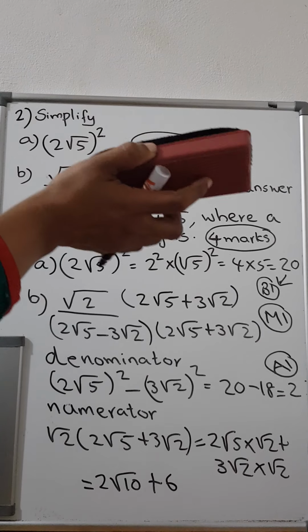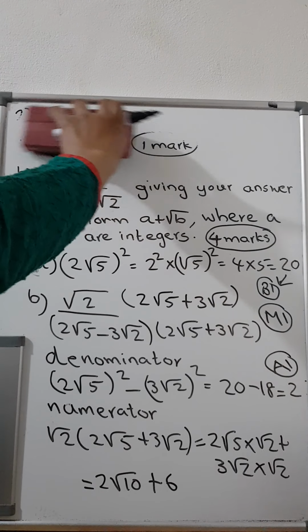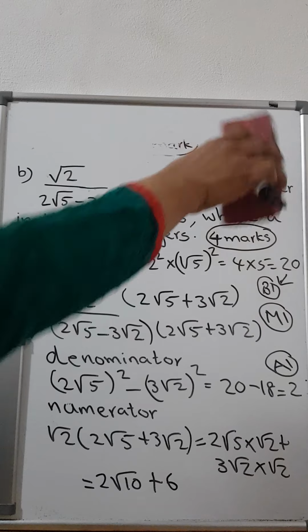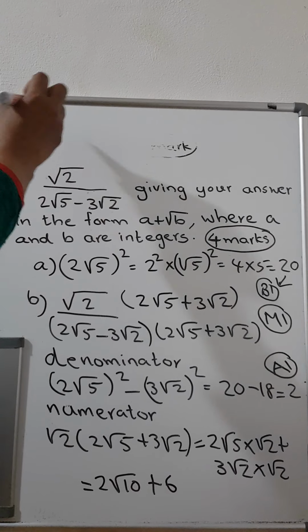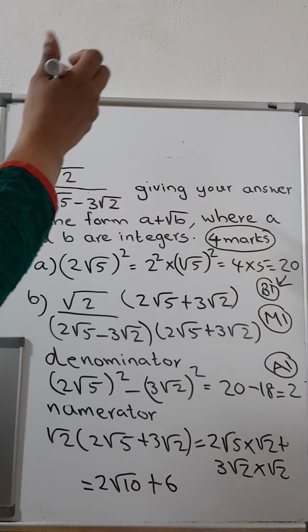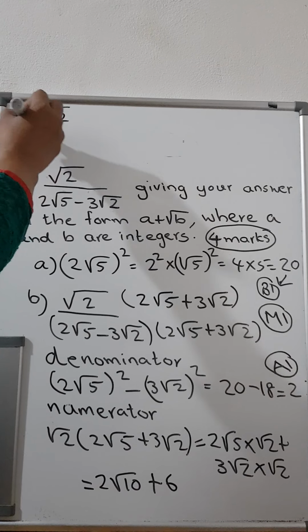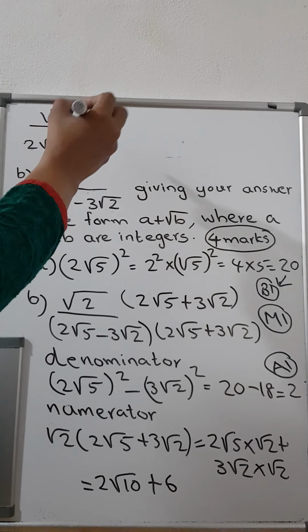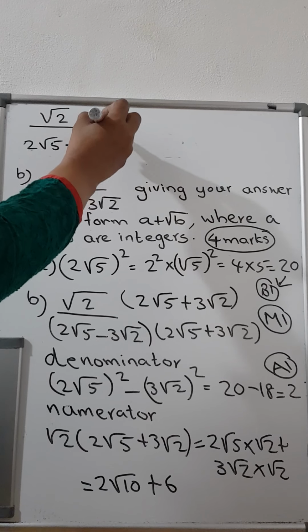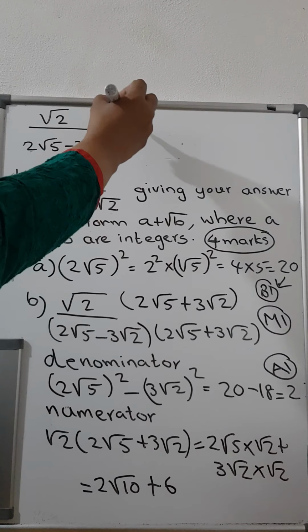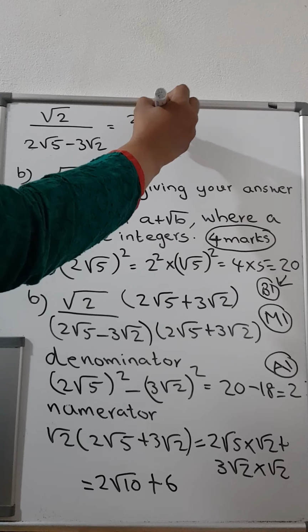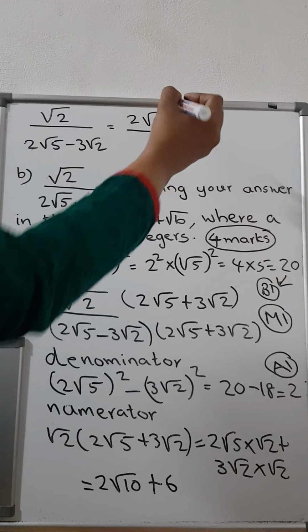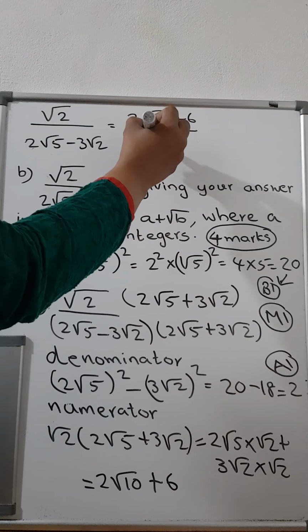So let's just erase this part. See what we have to simplify? Root 2 divided by 2 root 5 minus 3 root 2. So this must be equal to 2 root 10 plus 6 divided by denominator is 2.